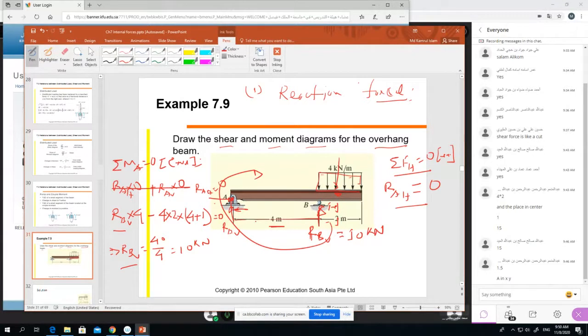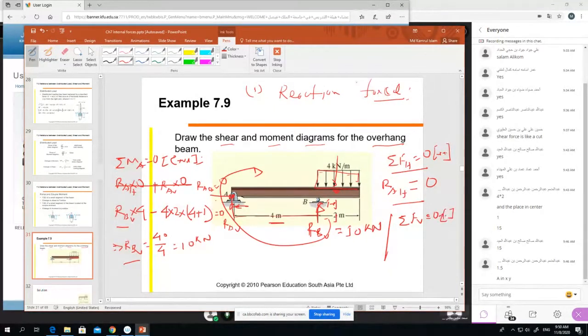Now if we do the summation of vertical force equal to 0, taking upward as positive, what will we get?